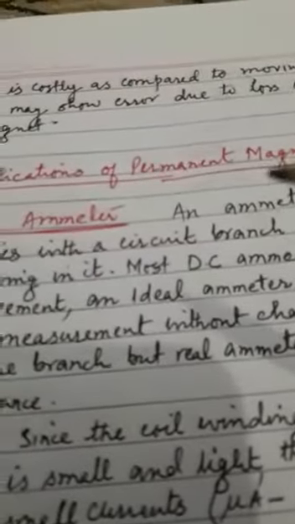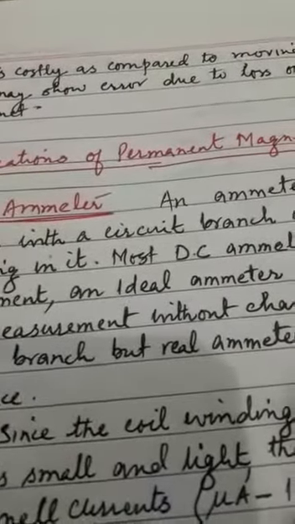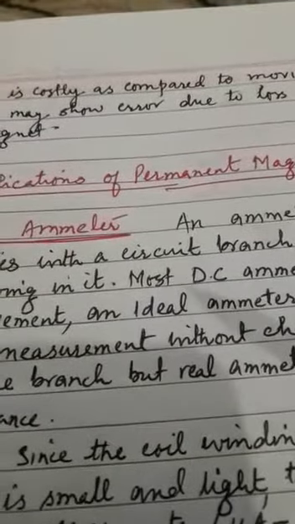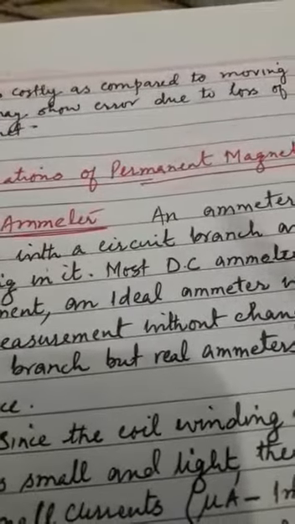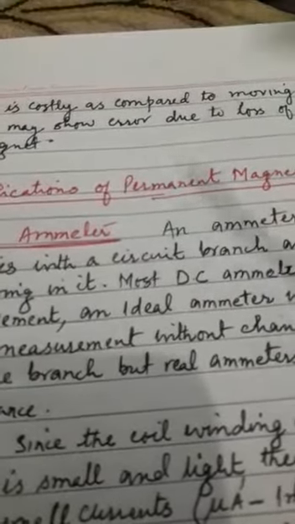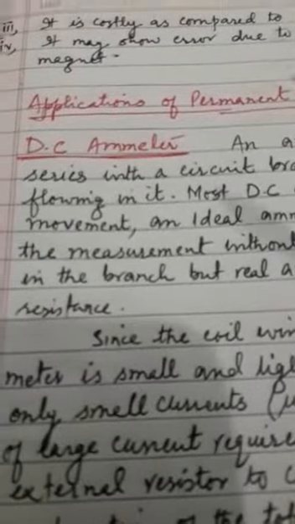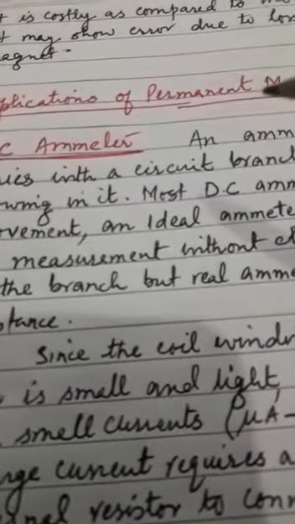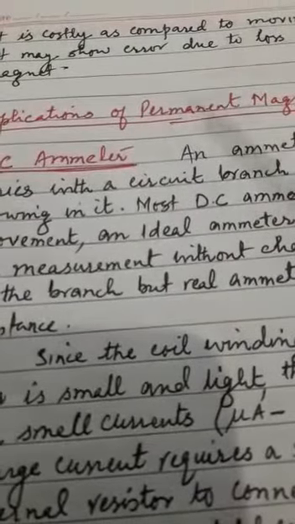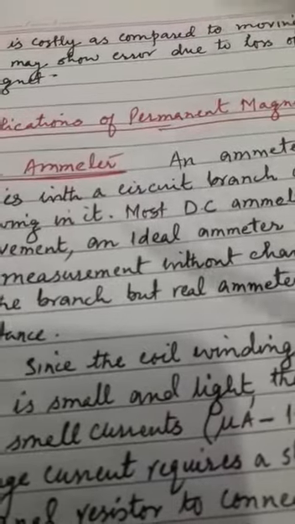But the d'Arsonval moving coil instrument has a wound coil, which I have discussed already. That coil is very thin and light, very small, so it carries only a very small current through it.